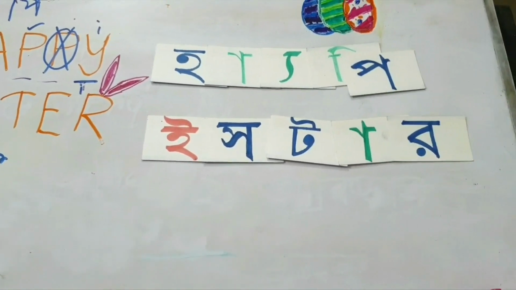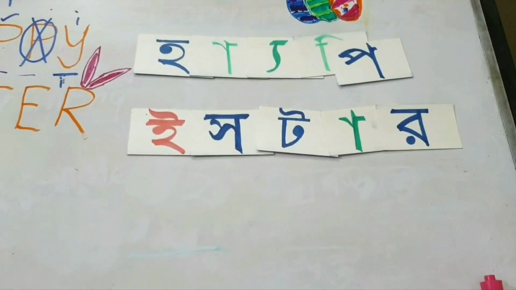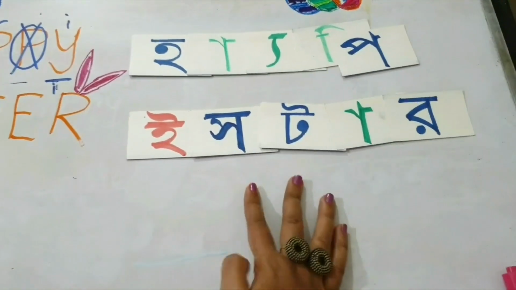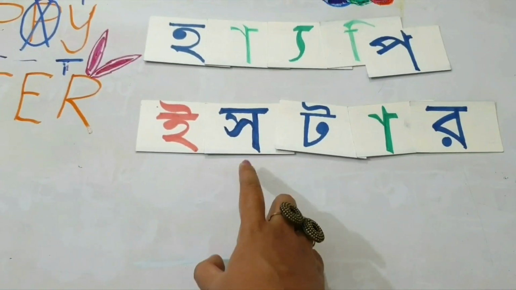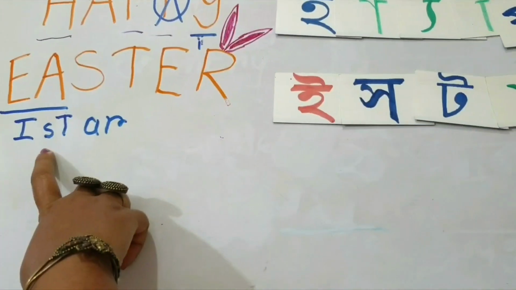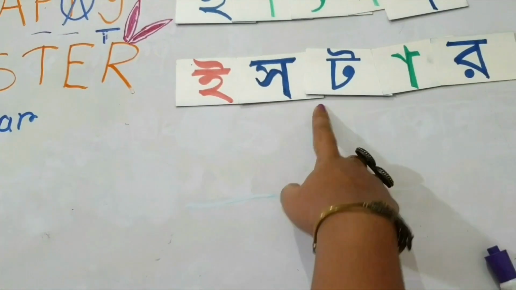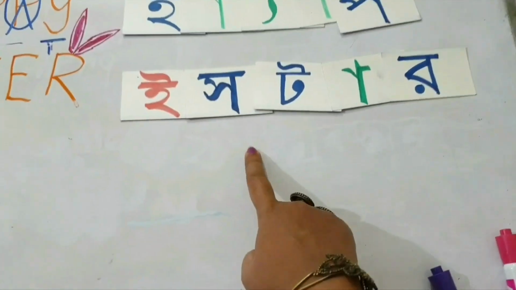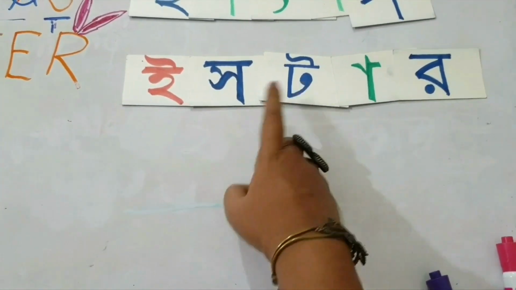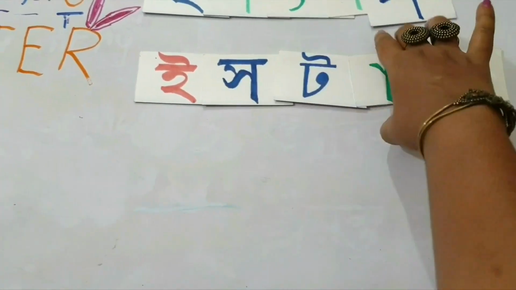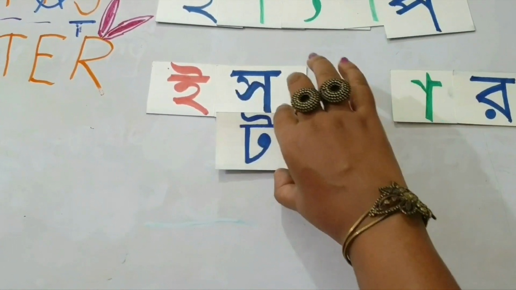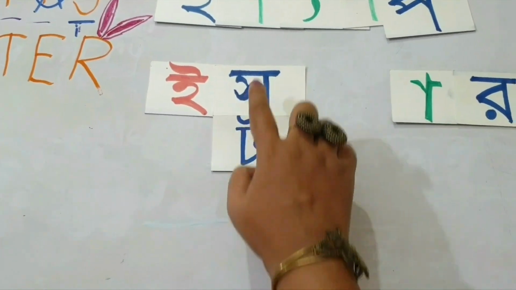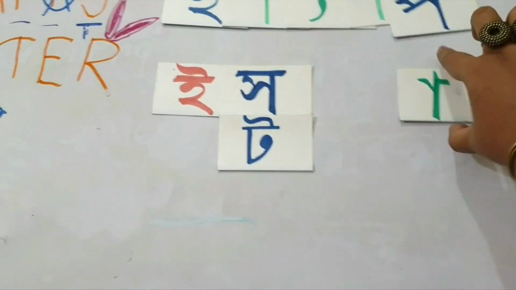Okay. Now another thing, when there are two consonants side by side, like a consonant cluster, see, ST side by side, Shaw and Ta side by side, this is not Ishotar, this is Istar. When there are consonant clusters, we do not put them side by side. We put the second one under the first one, like this.